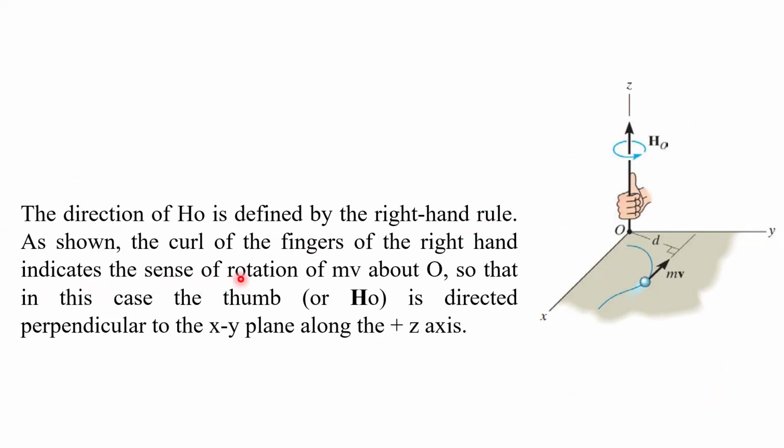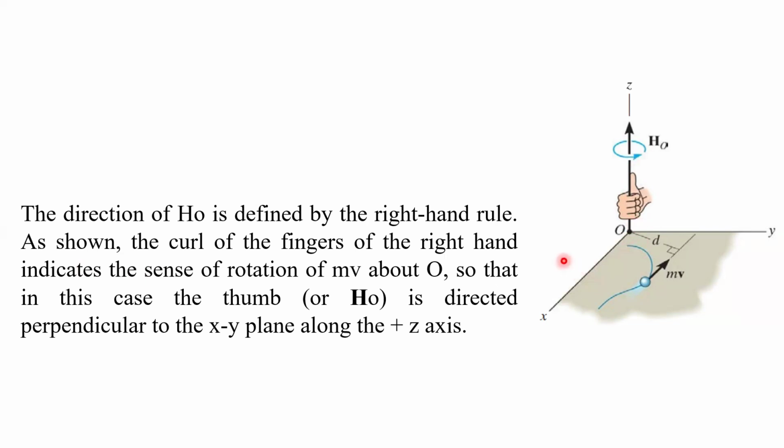As shown, the curl of the fingers of the right hand indicates the sense of direction or rotation of mv, that is the momentum, about O, so that in this case, the thumb H_O is directed perpendicularly to the XY plane along the z-axis, thereby forming three perpendicular axes, X, Y, and Z. The particle is moving in the XY plane, and the angular momentum is directed upward.